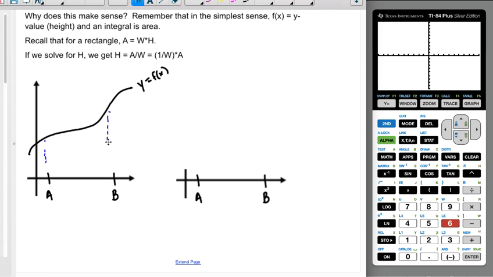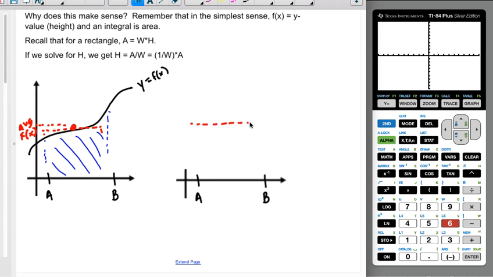So this integral is an area, right? If I want the average value, the average height of this thing, whatever the average value is, I'm going to call it there. So let's call this the average f of x, right? That's the average value. What we're saying is if we created a box here, we'd be looking at a box that has the same area.